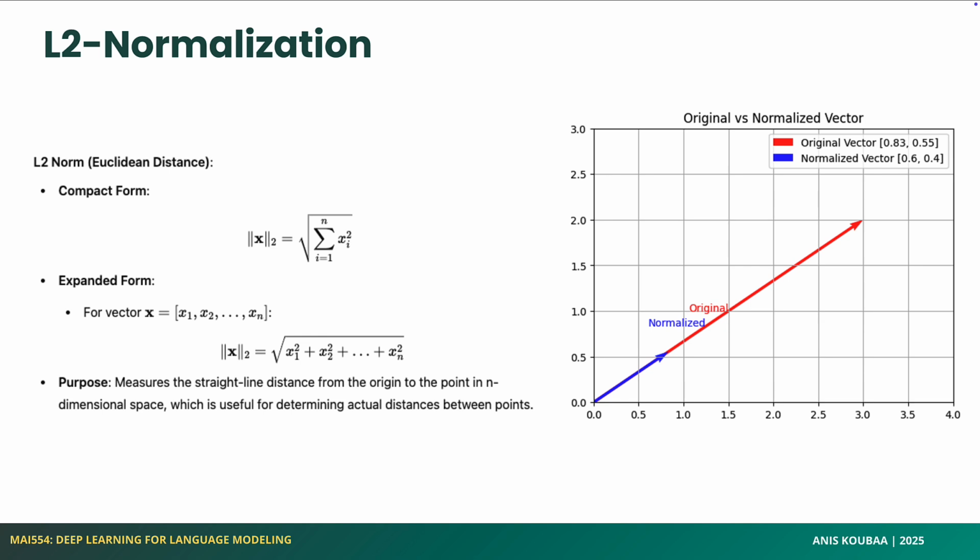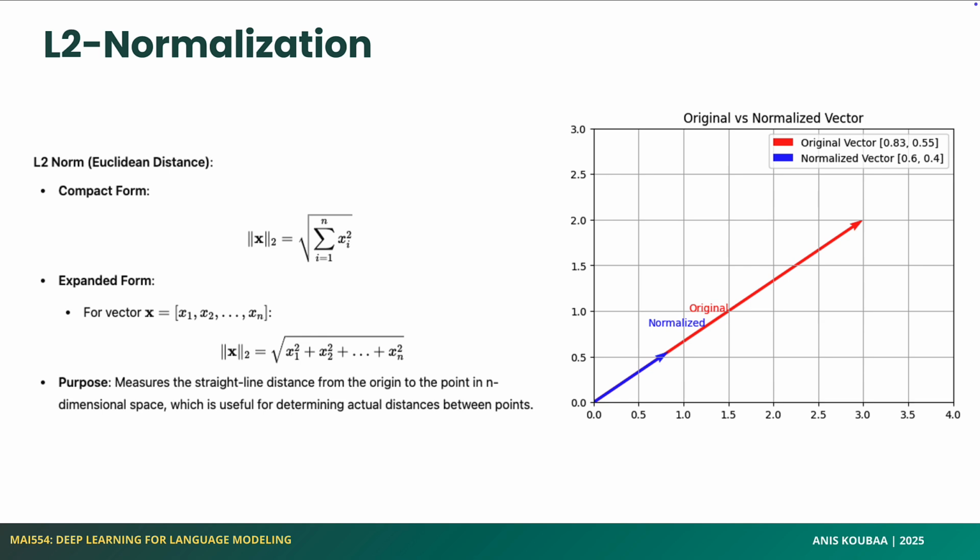This is the Euclidean distance between 0 and the value of x. What is the distance between this point and this point? It's the magnitude. In two-dimensional space, it's the coordinates x and y squared. This is the Euclidean distance we all know: this square plus this square gives me this one.